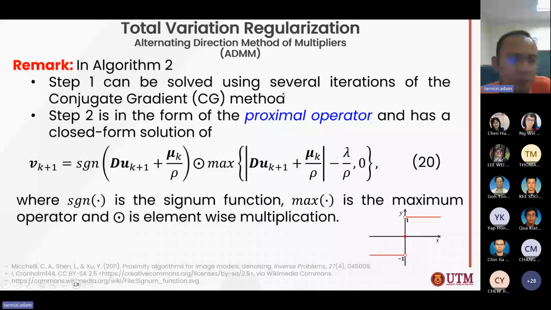But usually in real world applications, we don't know the blur. So people will stick to using several iterations of the conjugate gradient method. And step 2, you have this soft thresholding, or the solution to a proximal operator, which has this closed form solution.